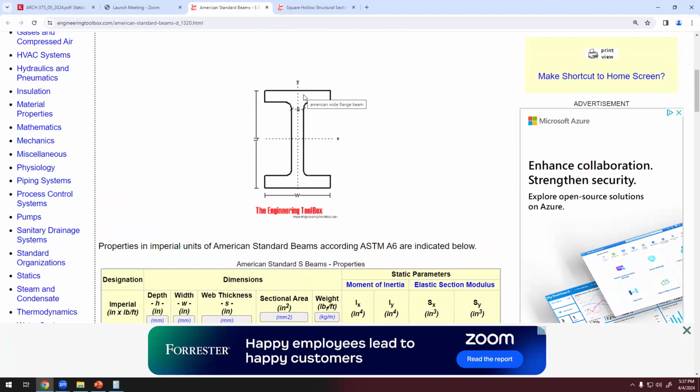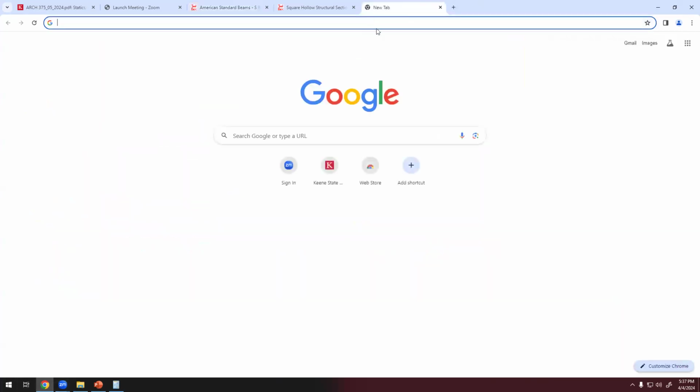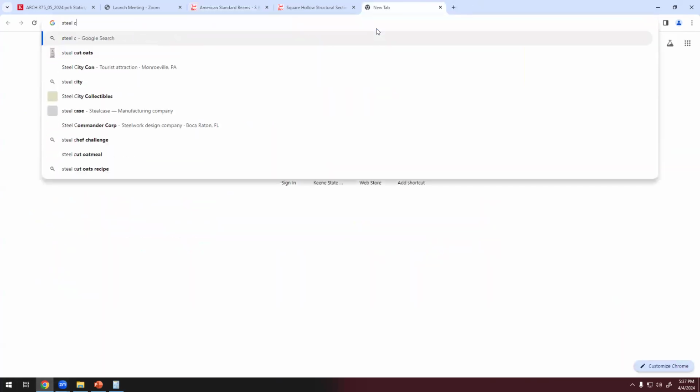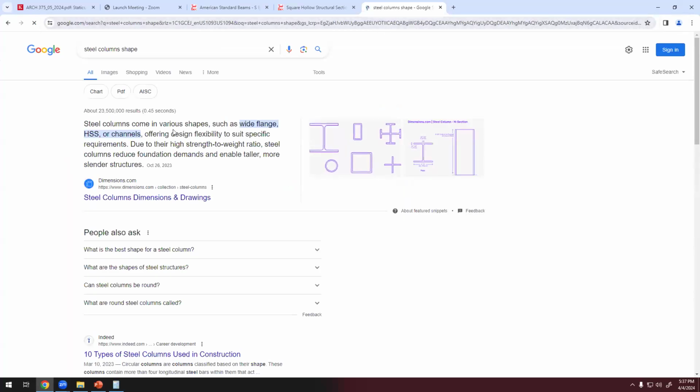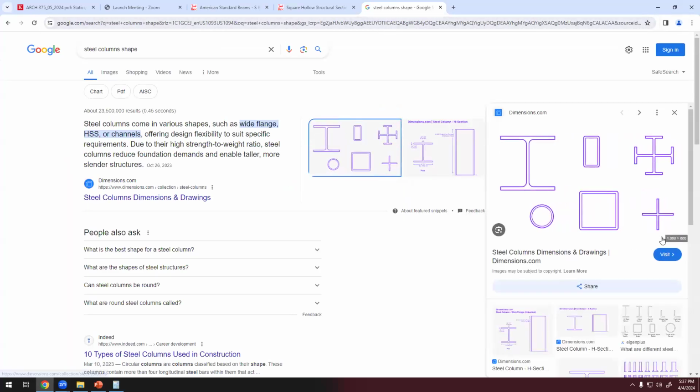So if you look at steel columns, look at this, we have either these kind of elements. It's not an I-beam. We can have square elements, we can have round elements, or we can have this.